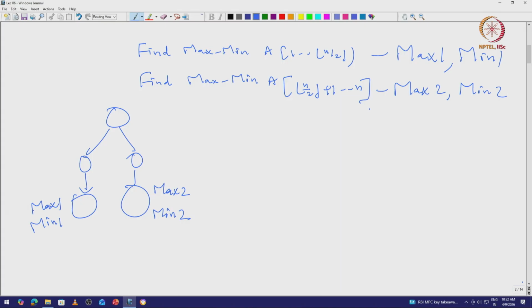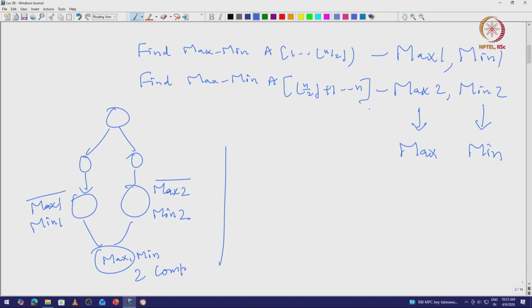So how do you find the overall maximum? The overall maximum is the larger of these two. So with one comparison you get the max, and the minimum is the smaller of these two, so with one more comparison you find the minimum of the entire array. Therefore with two further comparisons you are able to solve the problem.